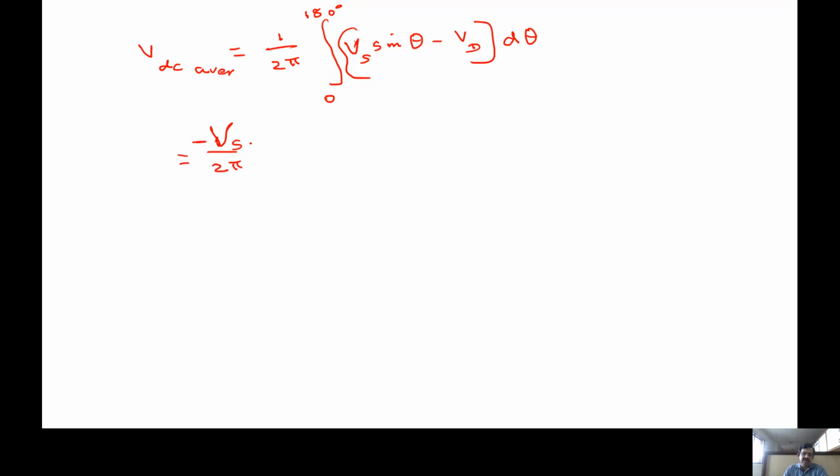So I will just put cos theta from pi to 0, and there is a minus sign here again, so I will write minus Vd by 2 pi, Vd is constant, and this will become theta from 0 to pi.